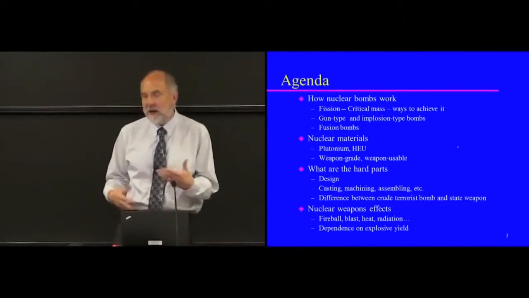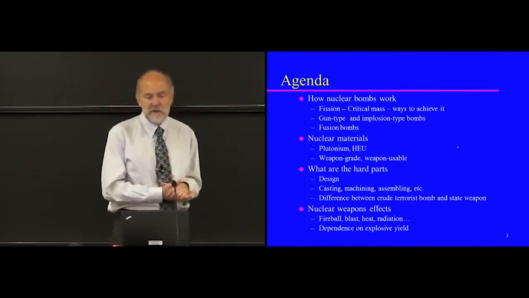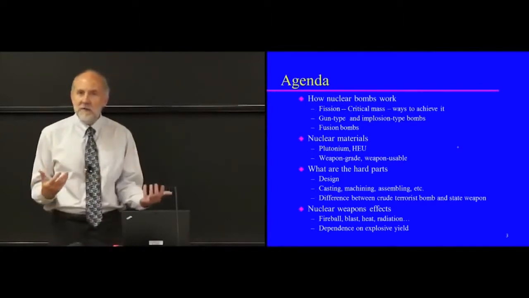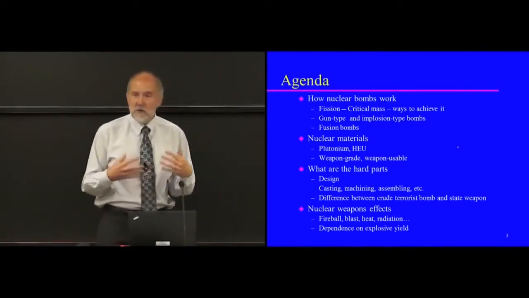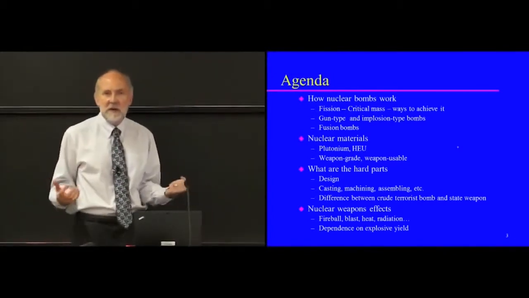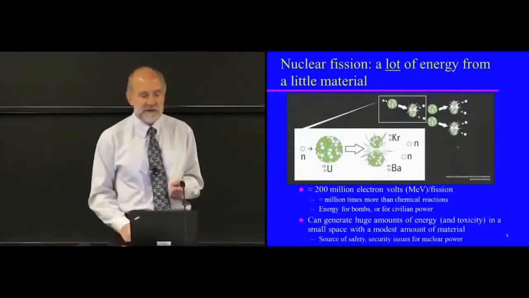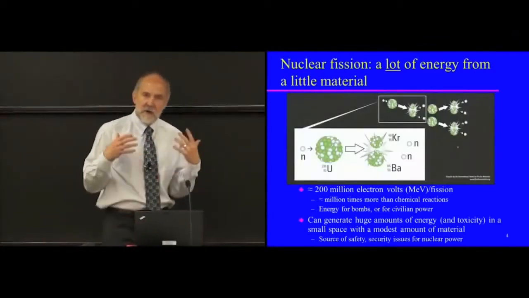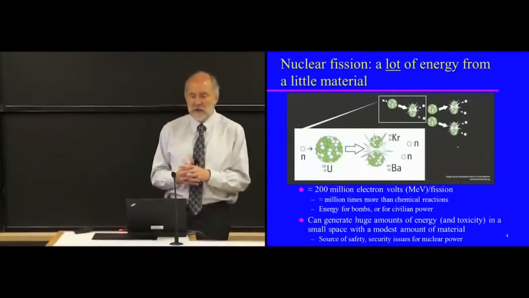So we're going to talk today about how nuclear bombs work, fission, fusion, the different kinds of nuclear bombs. We're going to talk about the nuclear materials that you can use to make nuclear bombs. We're going to talk about what the hard parts are of making a nuclear bomb, and we're going to talk about nuclear weapons effects.